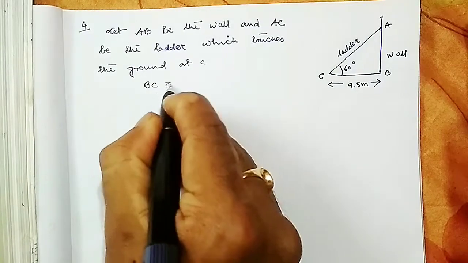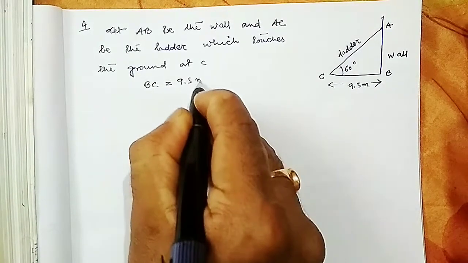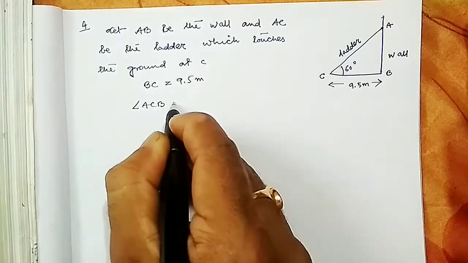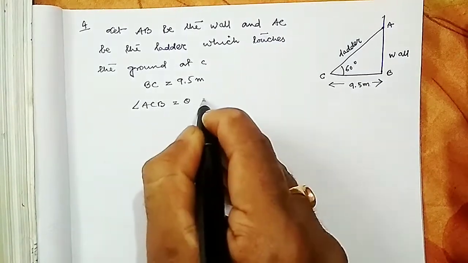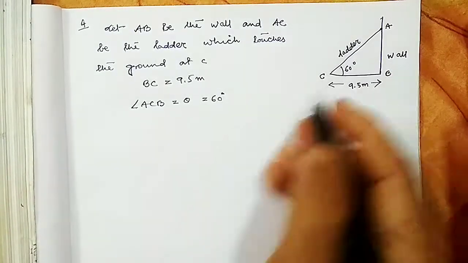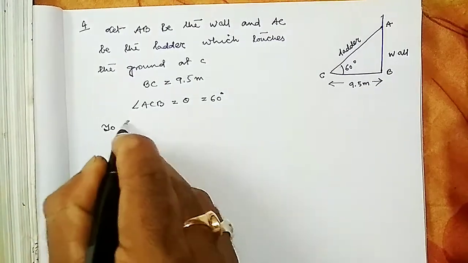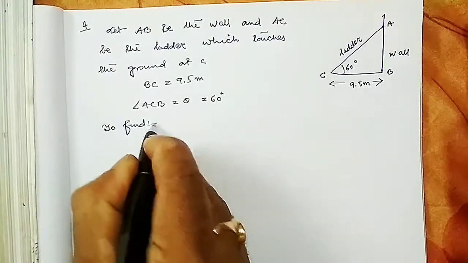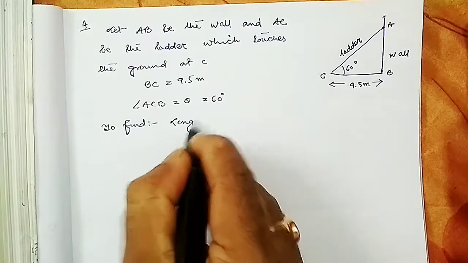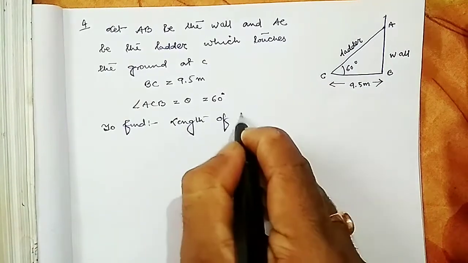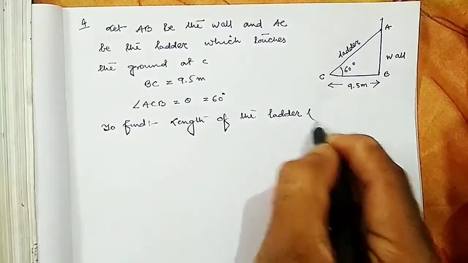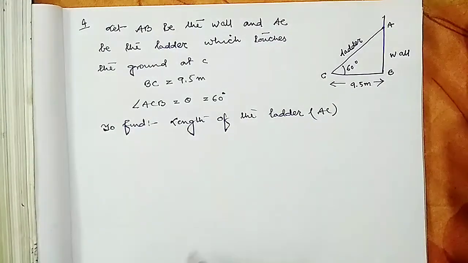BC is given as 9.5 meter. This angle ACB, which we can consider theta, equals 60 degree, given. And we have to find the length of the ladder, which is AC. I hope this much is clear.